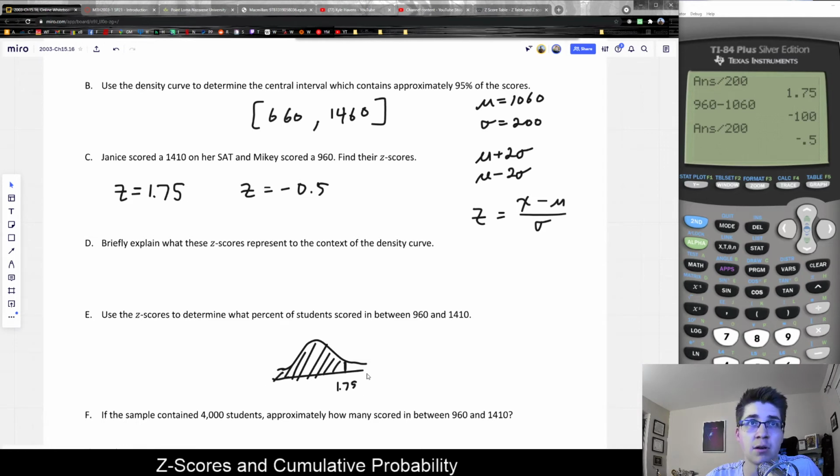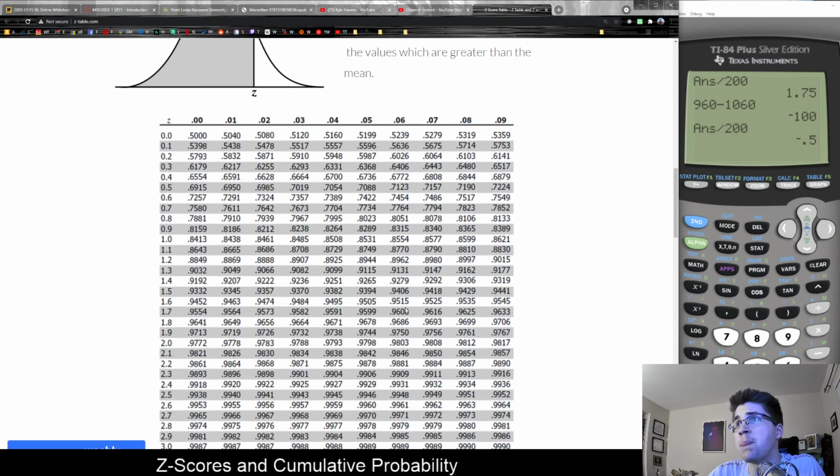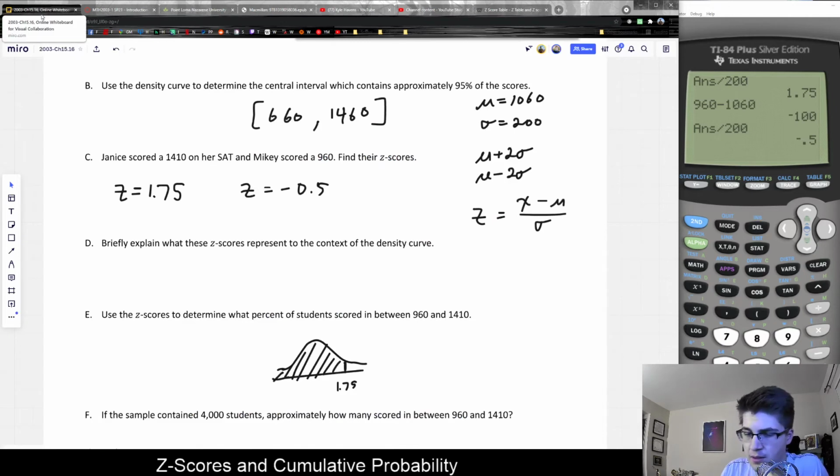Most people are going to have a z-score smaller than 1.75, and in fact about 96% of the population, 95.99%, will have a smaller z-score than that amount.